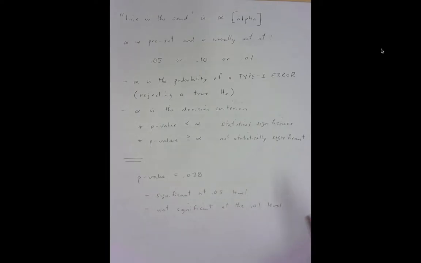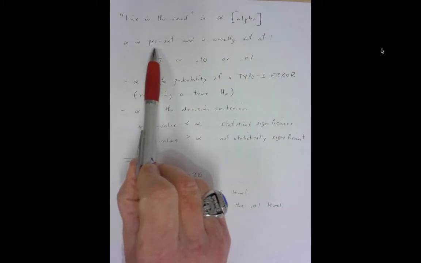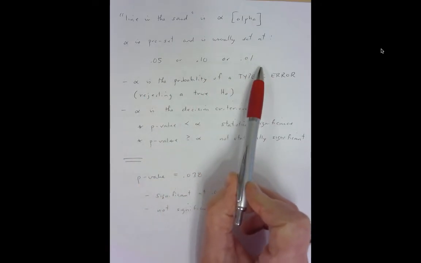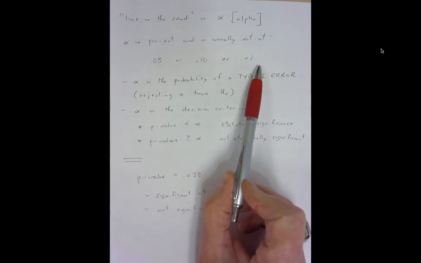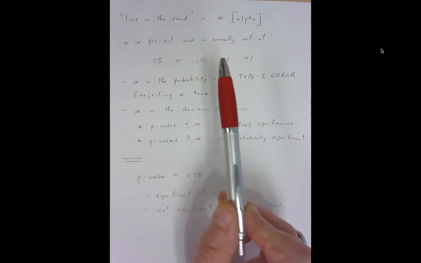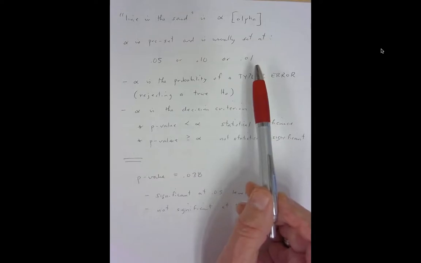Well, we kind of do that in statistics, but our criteria for being quote-unquote tall, the line in the sand, is called alpha. So alpha is a level that is preset. It's usually set at 0.05, 0.10, or 0.01, and it is the criteria by which we get statistical significance.